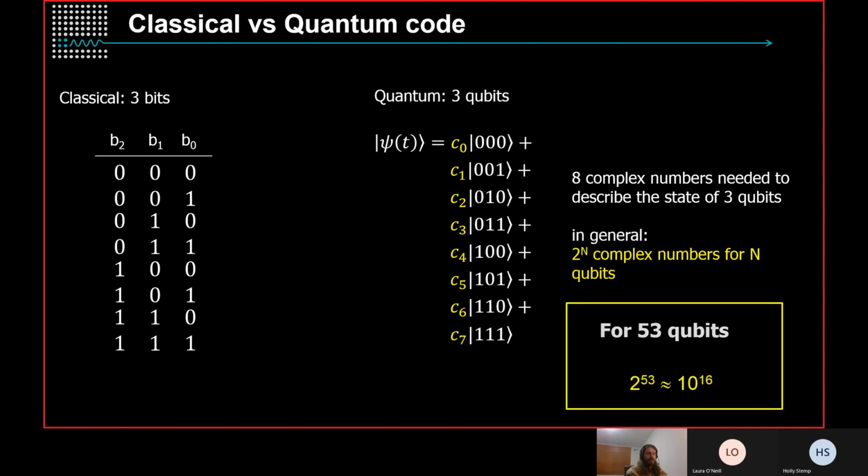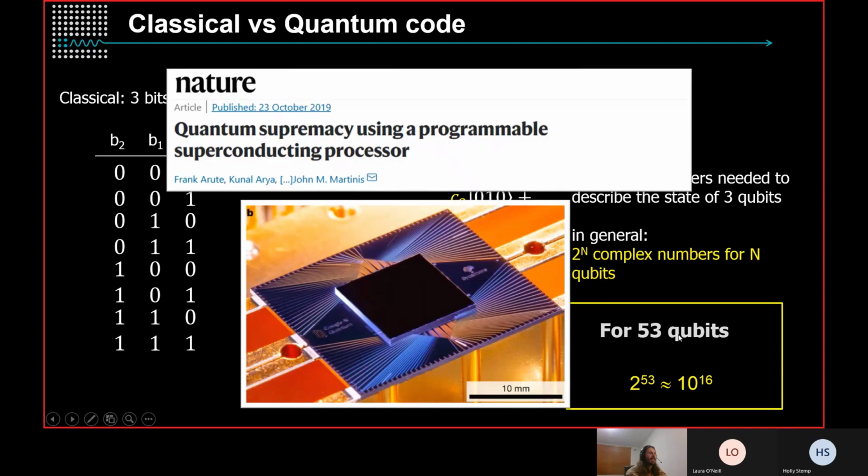And for just 53 qubits, you already need 10 to the 16 complex numbers. And I didn't choose this number by accident. In 2019, Google showed that their 53 qubit processor could perform calculations that you couldn't run on any classical supercomputer. So no classical computer can deal with this large number of complex numbers very easily, but a quantum computer can.